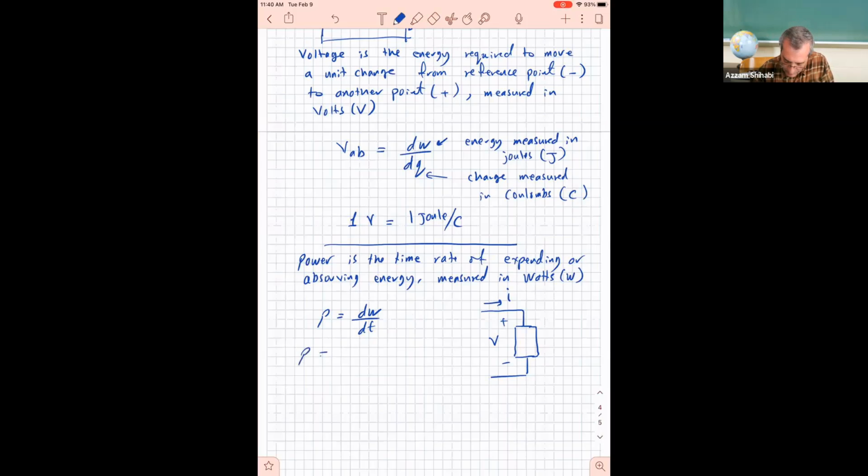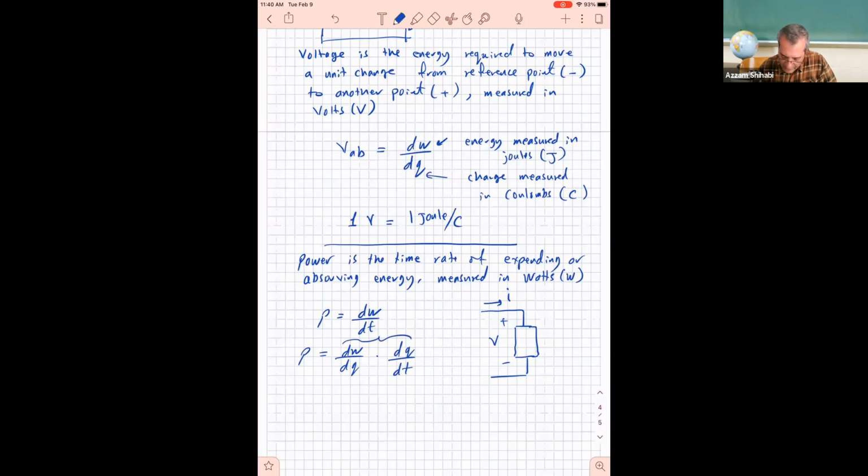P is dW dQ, the rate of change of energy with respect to charge, times dQ dt, right? Instead of dW dt, the time rate of change of the energy, I can express this rate as the product of these two rates.